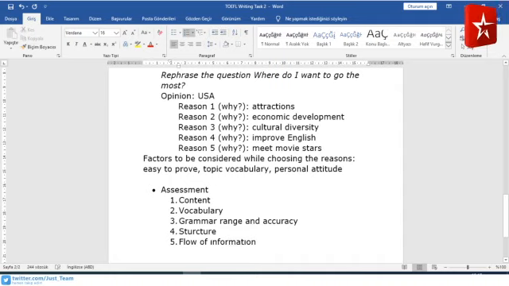So how are your paragraphs connected with each other and how are the sentences connected with each other? Okay. The official names for all of these criteria are a little bit different, but I try to use very simple words so you can understand very well what they are checking in your essay and what you need to do well in your essay.